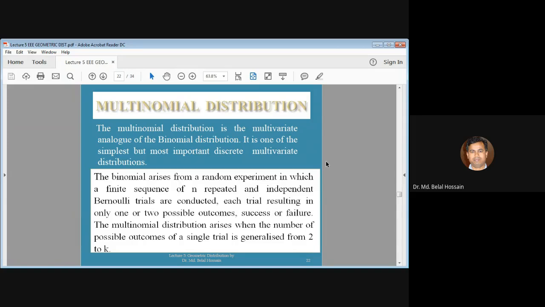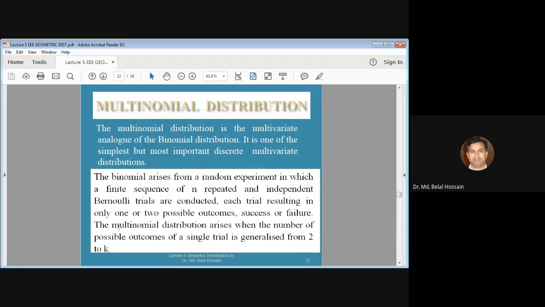Very simple. The binomial arises from a random experiment in which a finite sequence of n repeated and independent Bernoulli trials are conducted, each trial resulting in one of two possible outcomes, success or failure.